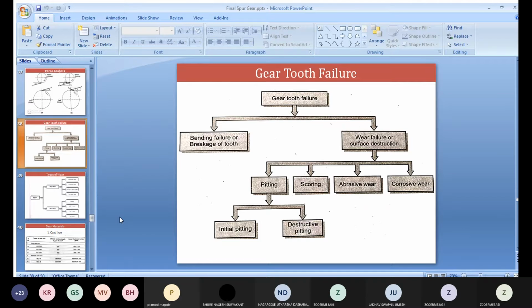So due to that, breakage of the material will occur. The material which can be trapped between the gear teeth, like dust, rust, weld spatter, correct, metal debris generated at the time of stick slip phenomenon, can lead to abrasive wear, correct. So have you understood this abrasion?